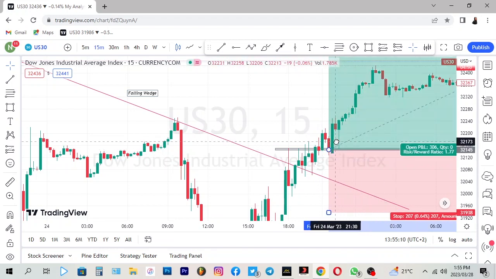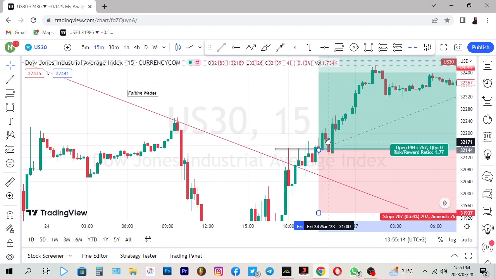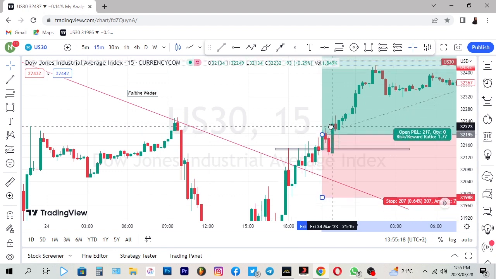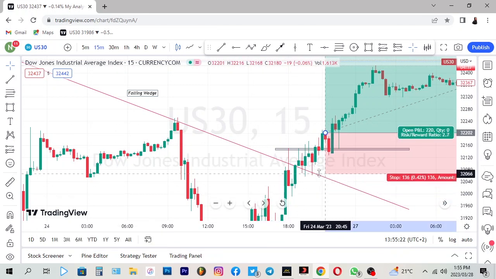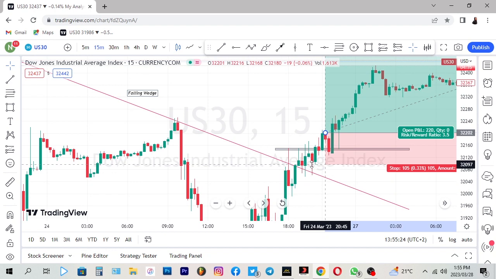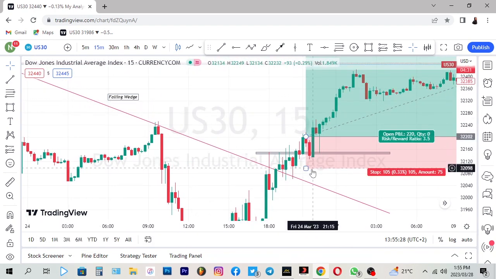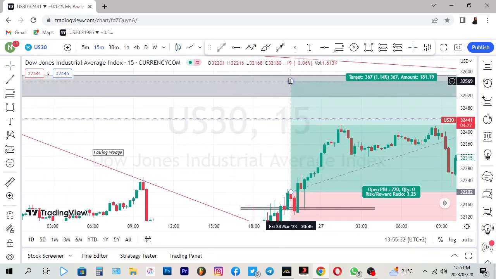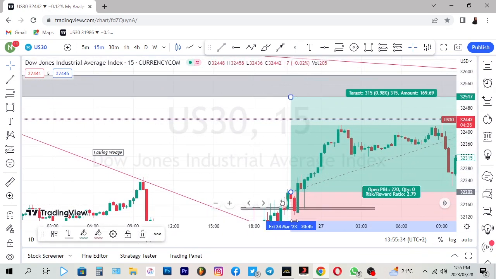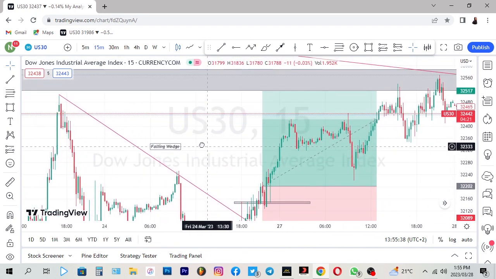So overall, we're going to use the candlestick that it broke out with. We're going to take an entry somewhere here, then put our stop loss somewhere here. Okay, it's a nice setup. Then we're taking our TP at the next zone that we created.